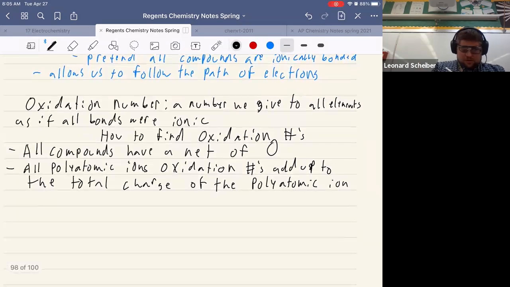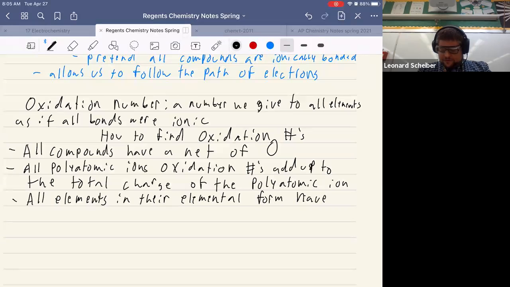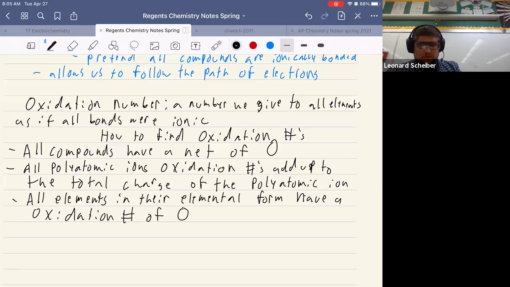And then all elements in their elemental form have an oxidation number of 0.